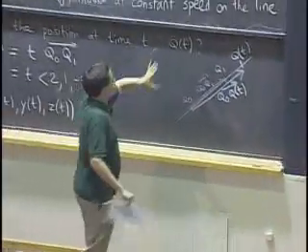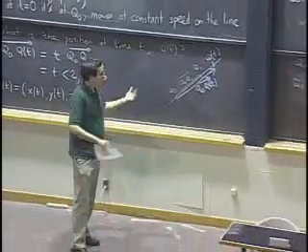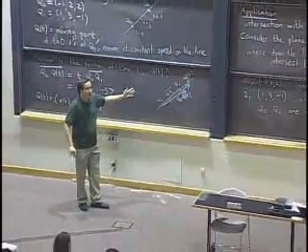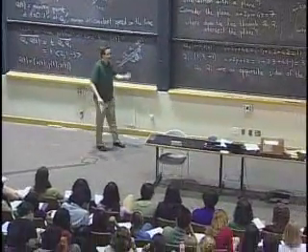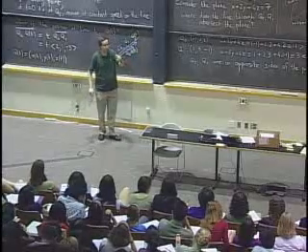So I hope you've seen here that parametric equations are a great way to think about a line in space. They're also a great way to think about actually any curve, any trajectory that can be traced maybe by a moving point.